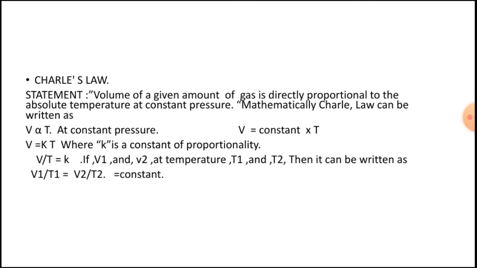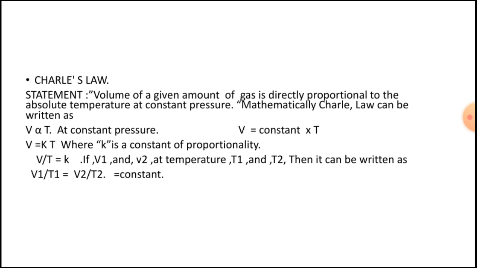Now our topic is Charles' law. Charles gave the relationship between temperature and volume. According to him, volume of a given amount of a gas is directly proportional to the absolute temperature.